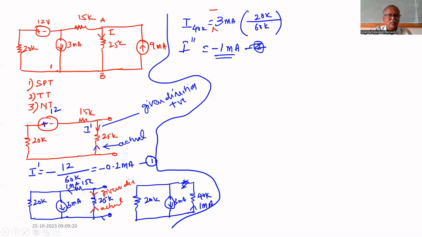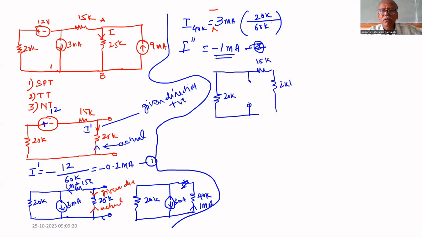Now we have to consider the third source. What is the third source? 9 milliampere. So the 12 volt is short circuited. 20K, the 3 milliampere is removed, opened, and 15K, then 25K, 9 milliampere.